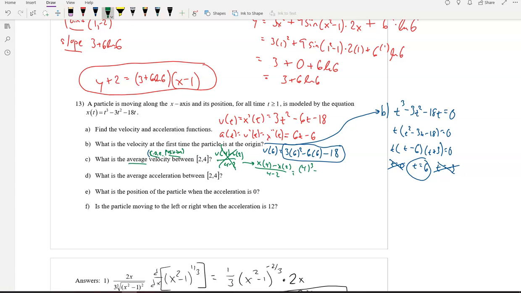So 4 cubed minus 3 times 4 squared minus 18 times 4, and then minus the quantity 2 cubed minus 3 times 2 squared minus 18 times 2, all over 2. That's all arithmetic, so you could just circle your answer there and say, Mr. Witt, I'm done. There it is.